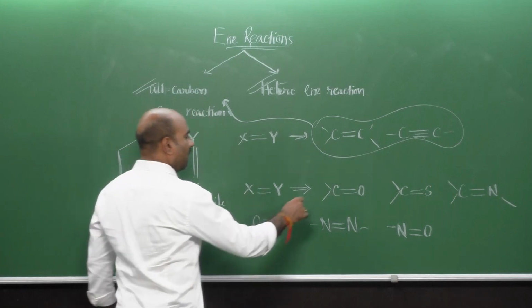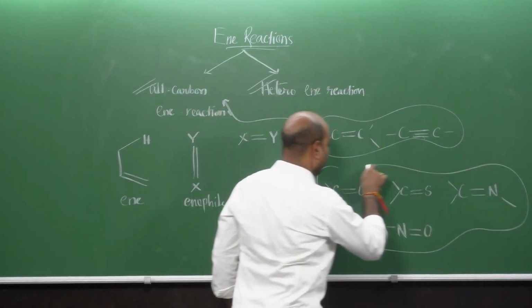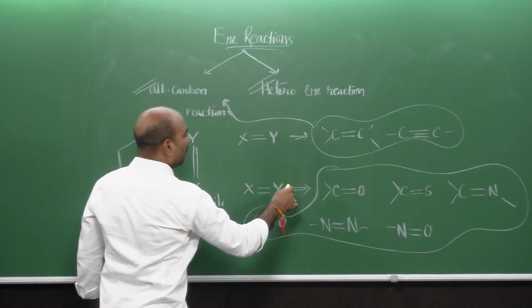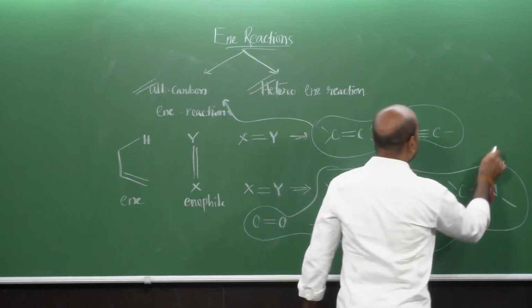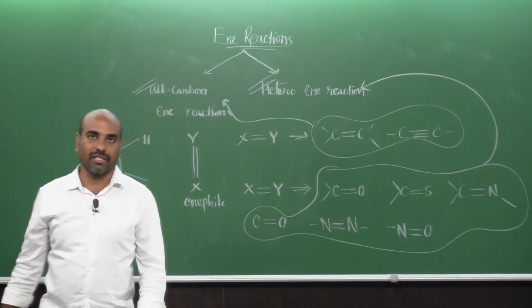So, any of them representing the X double bond Y portion of this ene reaction should be called a hetero-ene reaction, right.